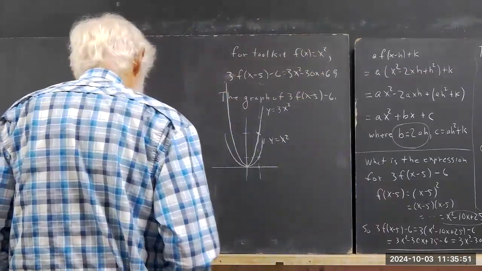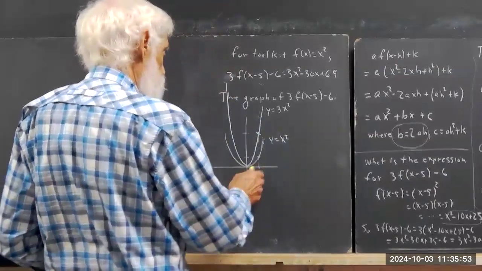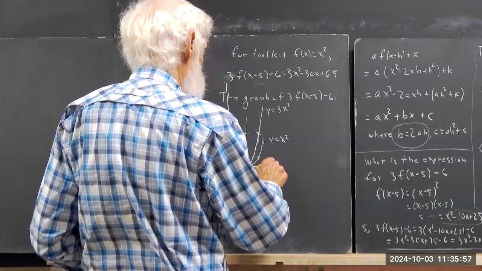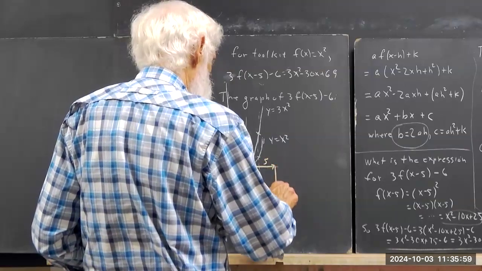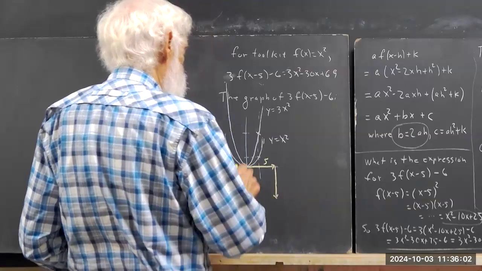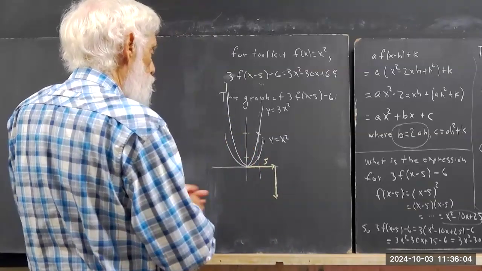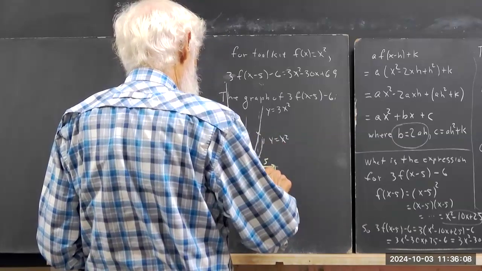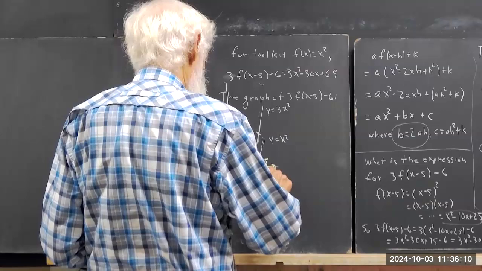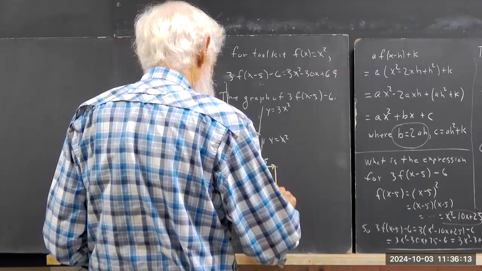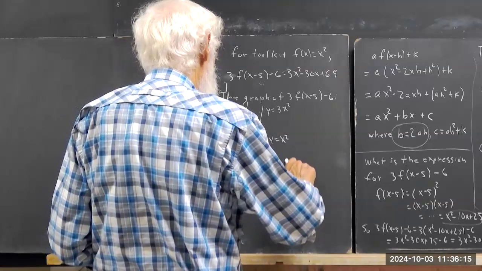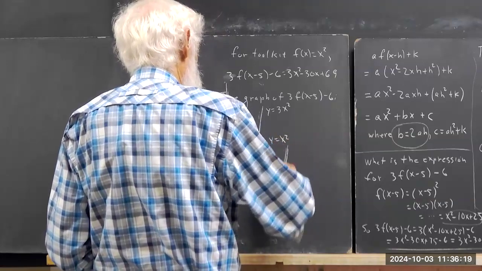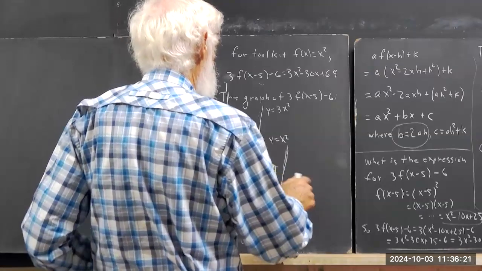Let's just think where the vertex goes. Vertex goes over 5 units and down 6. So this shape moves over here. Okay, so here it is.